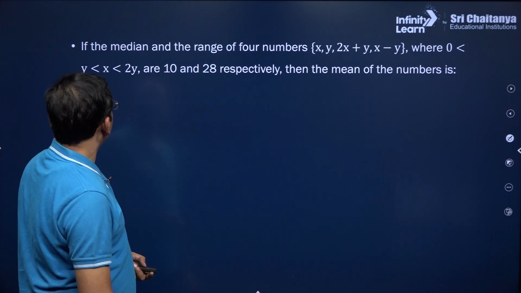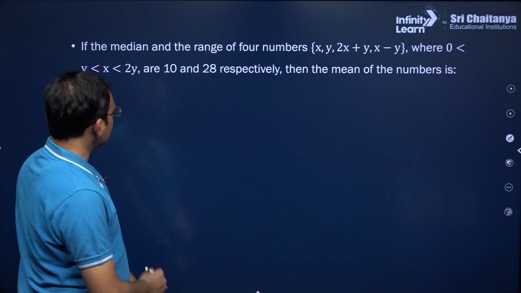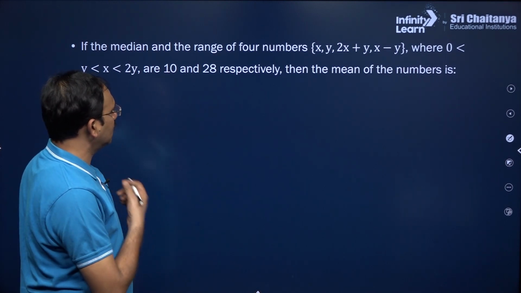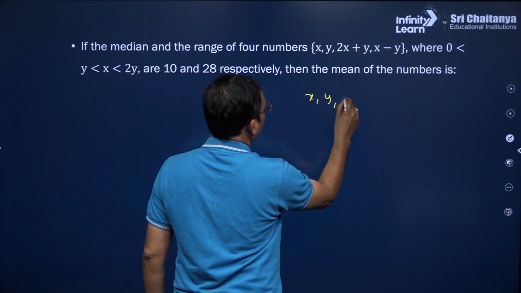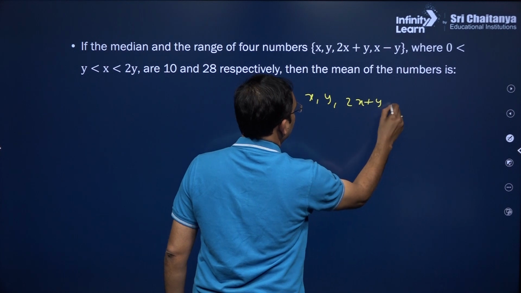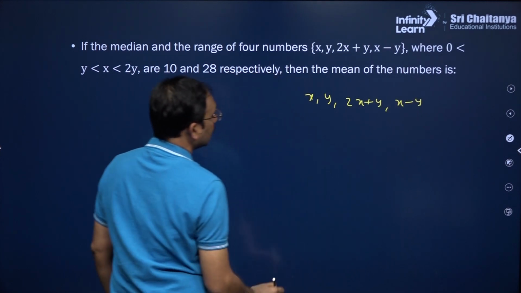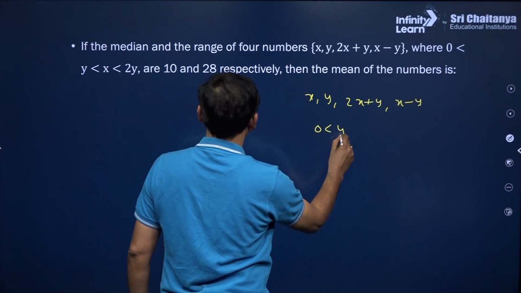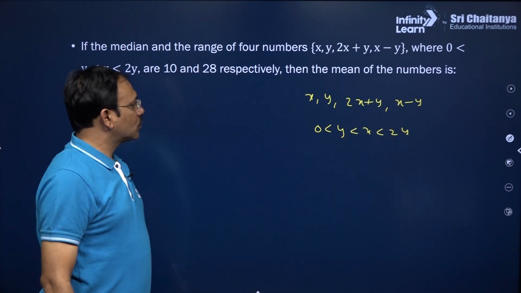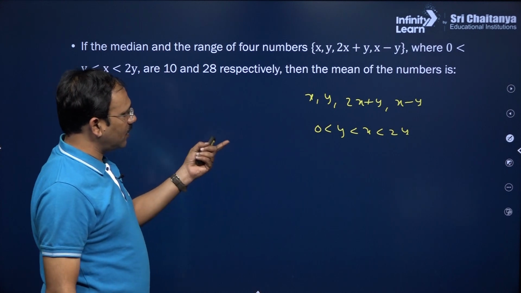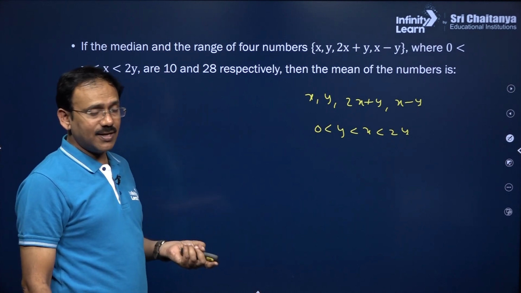Next, friends, the median and the range of 4 numbers such that, you see, the 4 numbers given are x, y, 2x plus y, x minus y, given 0 less than y less than x less than 2y. So we need the median of 4 numbers, so I need to arrange them in ascending order.